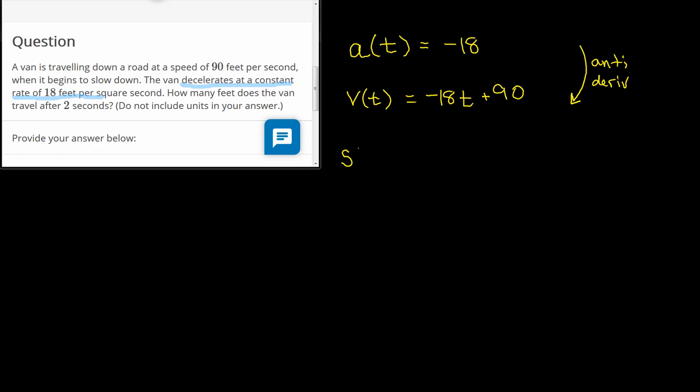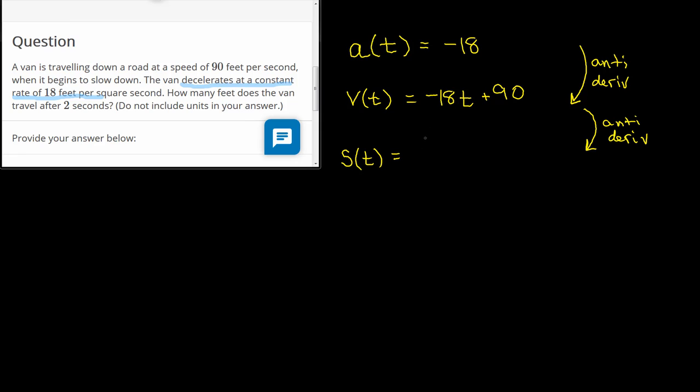All right, so the position function, I'm going to call it s, because that's somewhat traditional for the position function. We know that velocity is the derivative of position. So if I have the velocity and I want the position, again, I can do another antiderivative.